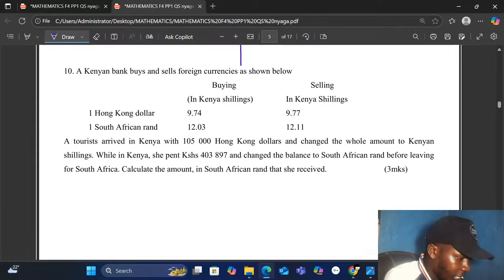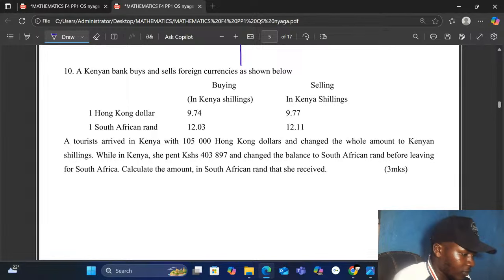Then while in Kenya, she spent 403,889,000 Kenyan shillings and changed the balance to South African rands before leaving for South Africa. Calculate the amount in South African rands that she received.